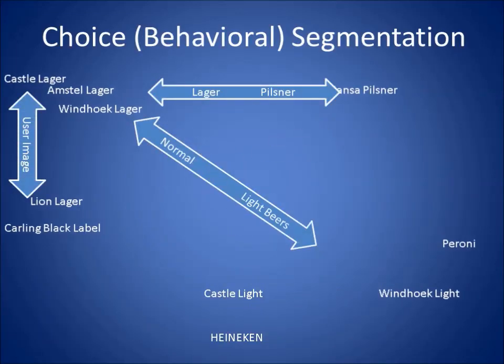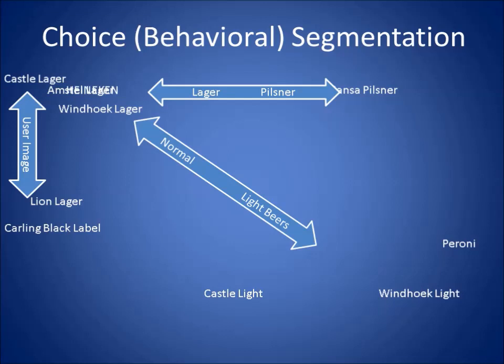Okay, if we now look at the segmentation, it doesn't really work when we put Heineken in the light segment, because, well, it makes sense. The Heineken users come to Windhoek Light and the Windhoek Light users will come to Heineken. That's where the switching happens. But now we've seen that Castle Lager will also come to Heineken.